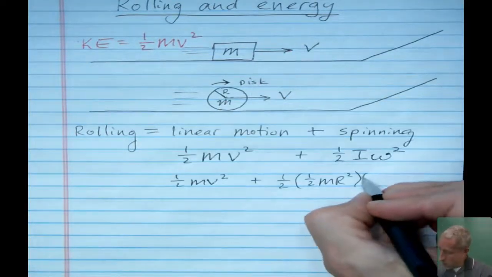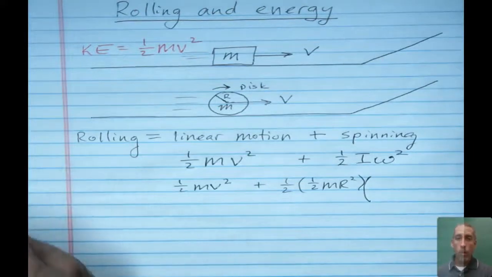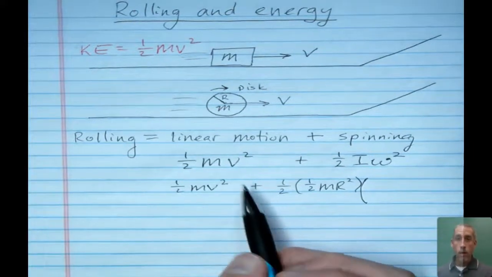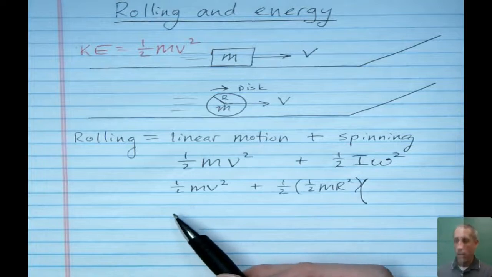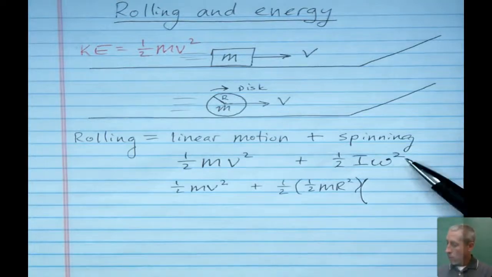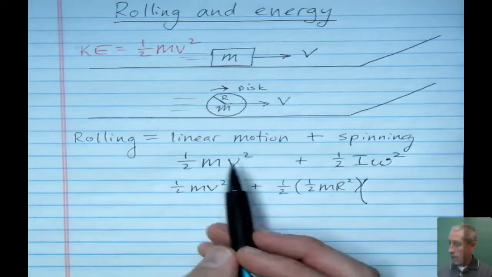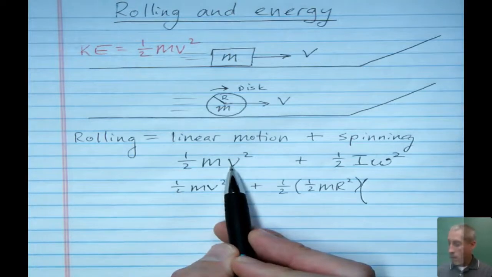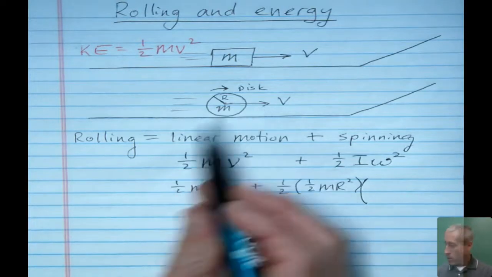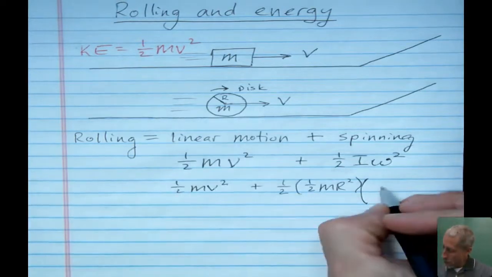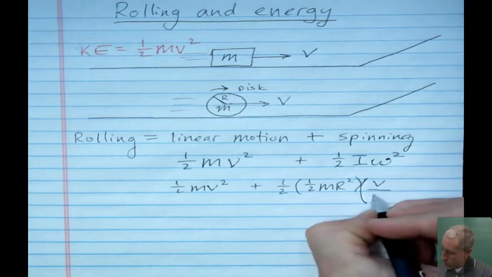And then here's one of the important constraints with rolling. I dealt with this in a different video. Maybe you've seen it, maybe you haven't. When things are rolling, the angular speed that they have, that just accounts for its spinning motion, is related to the velocity of the center of that thing. The relationship is that omega is v over r.